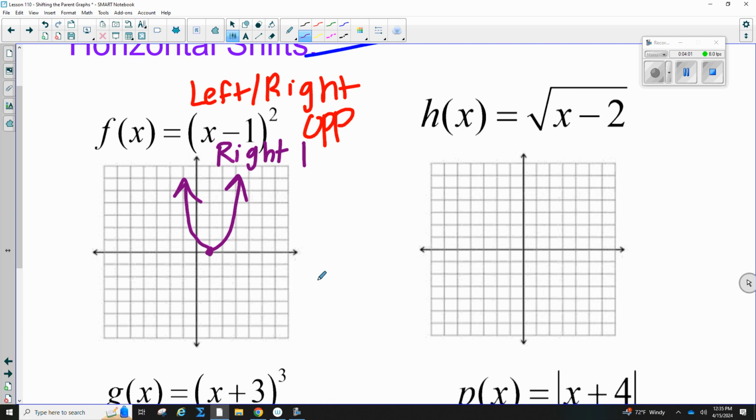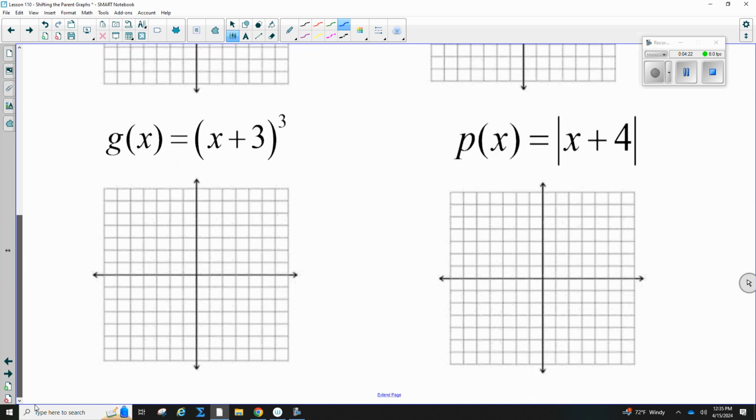Okay, so for this one, we have x minus 2. It's inside of the function, okay? It's under the house. Which way do you think this is going to go? Right 2. Okay, it's opposite of what you think. So I'm going to go right 2, and this is the square root graph. All right, now I've got inside the function, it's plus 3. Which way is this going to go? Left 3. Good.